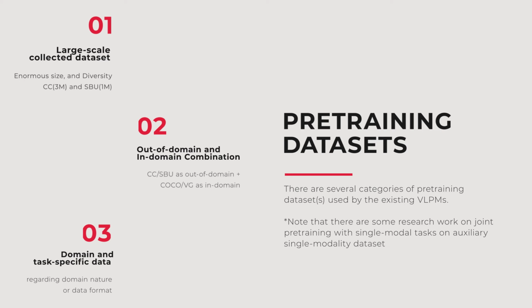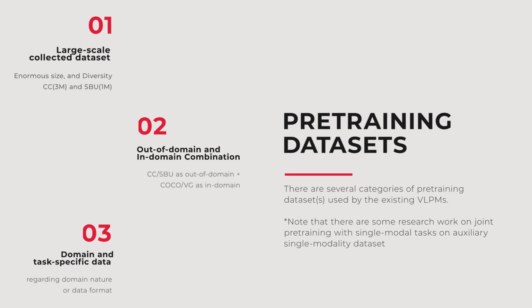Secondly, the combination of out-of-domain and in-domain datasets is also common to provide both general and target domain patterns. The most popular combination is having Conceptual Captions or SBU Captions as out-of-domain while COCO or Visual Genome as in-domain datasets. The in-domain dataset can also be task-specific datasets that specifically come from the commonly evaluated downstream tasks.